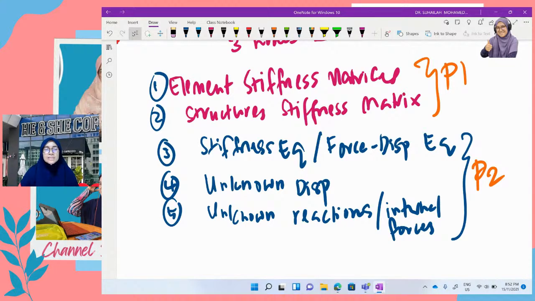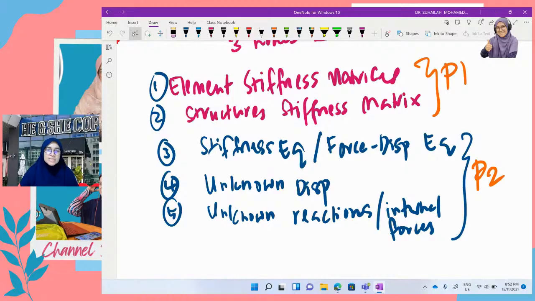And then this stiffness method, if we compare it to the flexibility method, is easier than the previous topic. But this is a new term, a new thing; you have never used a method like this before. So you need to start to understand the concept and the terms, and inshallah you will succeed in this topic.